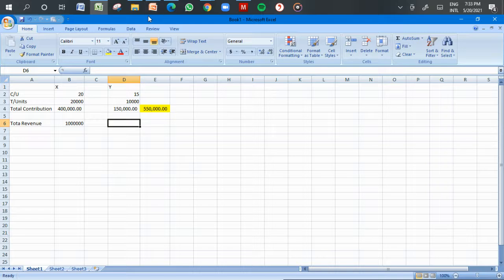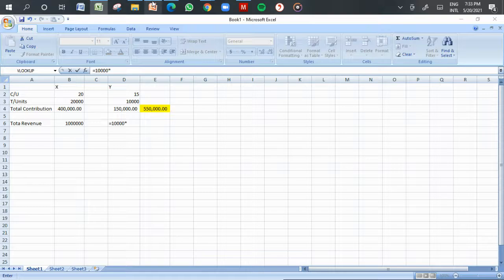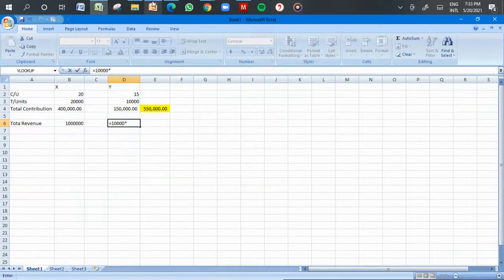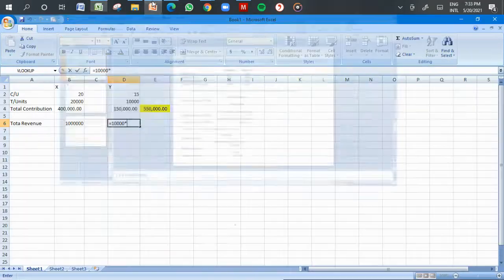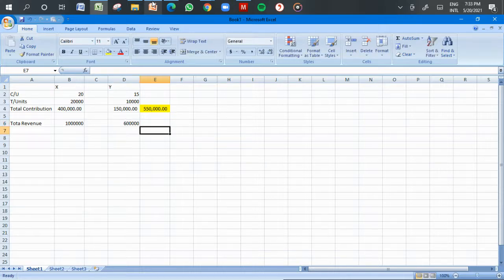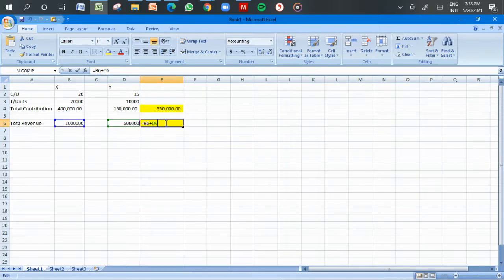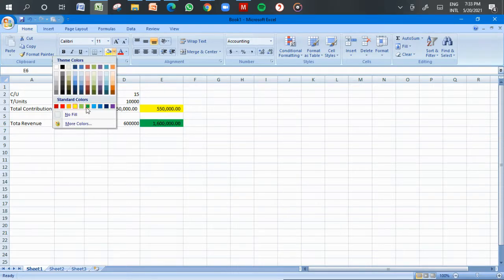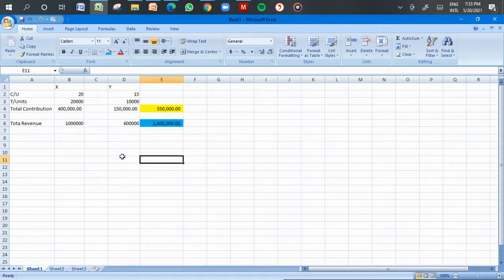Then for Y, the units are 10,000, and the selling price per unit is 60. So the total revenue will be the 1,000,000 for X, plus the 600,000 for Y. Okay, so our total revenue will be this much, indicated in blue.